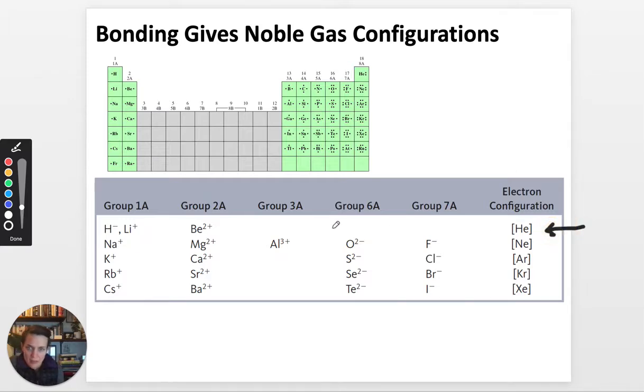Less common than our proton. Then we have lithium, which we talked about in the last lecture, where you lose 1 electron and you get helium's noble gas configuration. Beryllium, we know, is in group 2A, that forms a positive 2 cation that is going to give it helium's noble gas configuration.